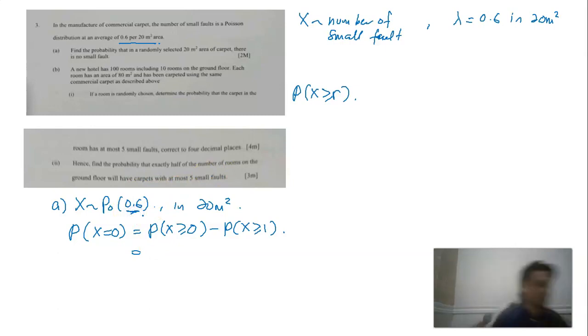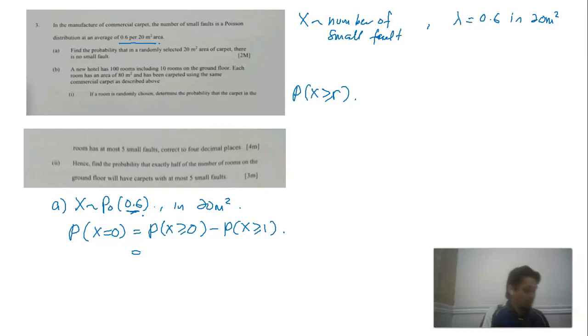Lambda is 0.6 according to this book. For Poisson, turn to page 12.